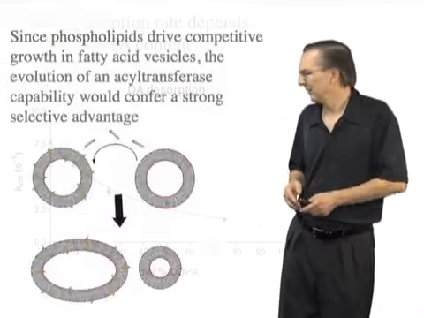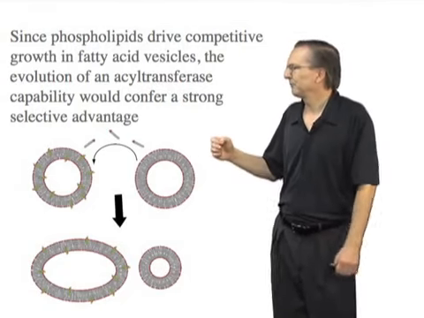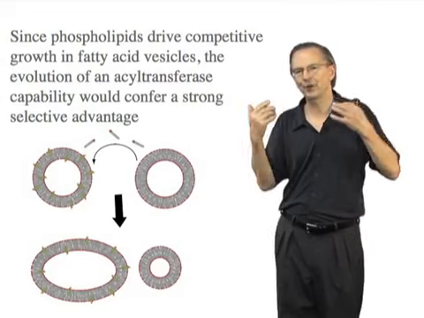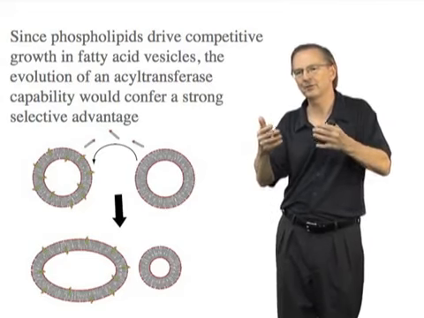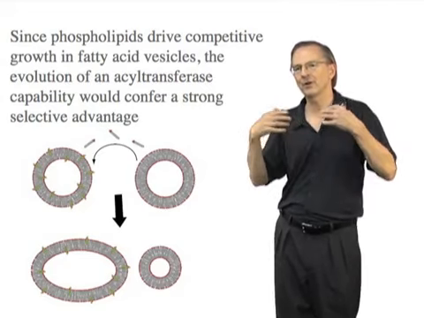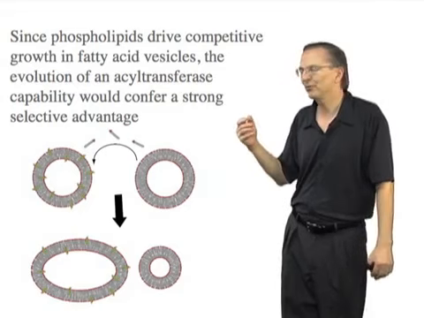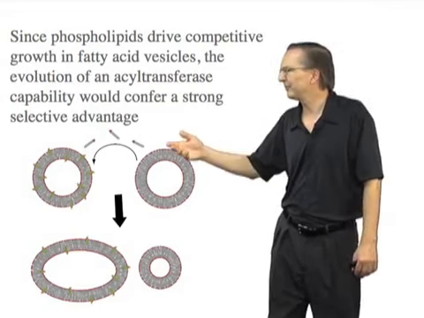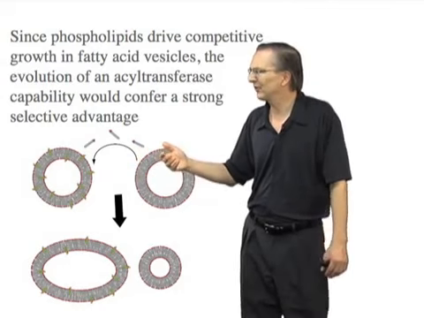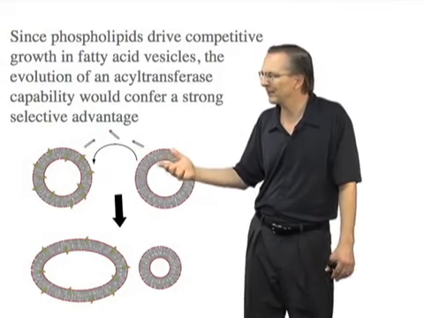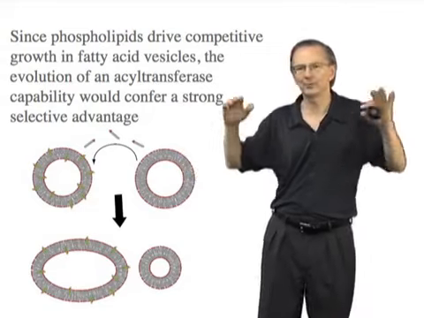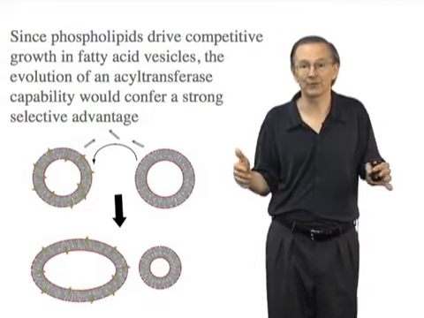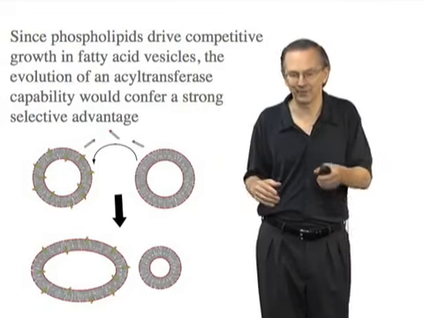Okay. So as a result of these two processes, this entropically driven dilution aspect and this off rate driven aspect, the presence of even a little bit of phospholipid will drive growth by essentially extracting or absorbing fatty acid molecules from neighboring vesicles that have either no fatty acid or just less fatty acid.